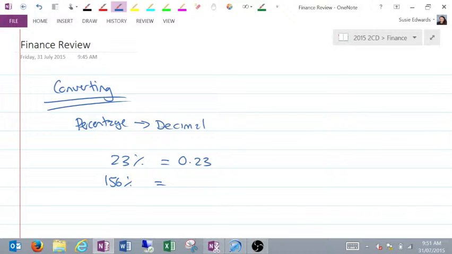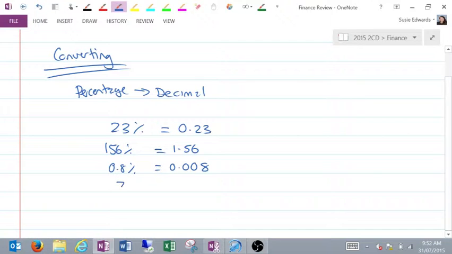Jordan? 1.56. What is 0.8% as a decimal? Nick? As a decimal, so without a percentage sign, but with a decimal point in it. Close? Good, 0.008. Okay, what is 7% as a decimal?